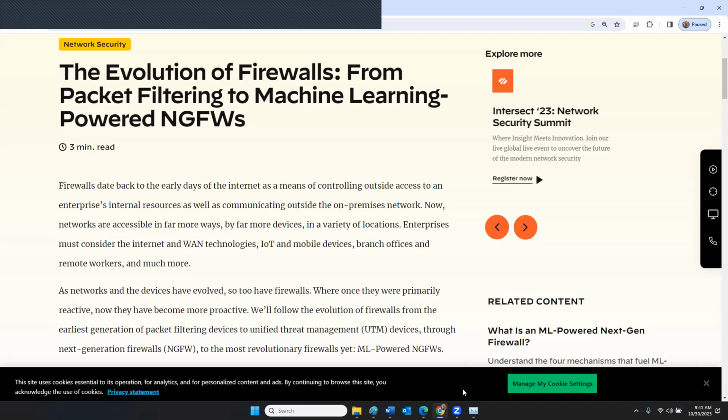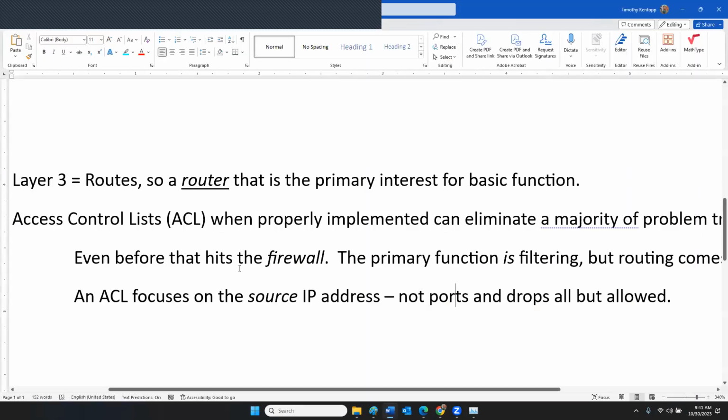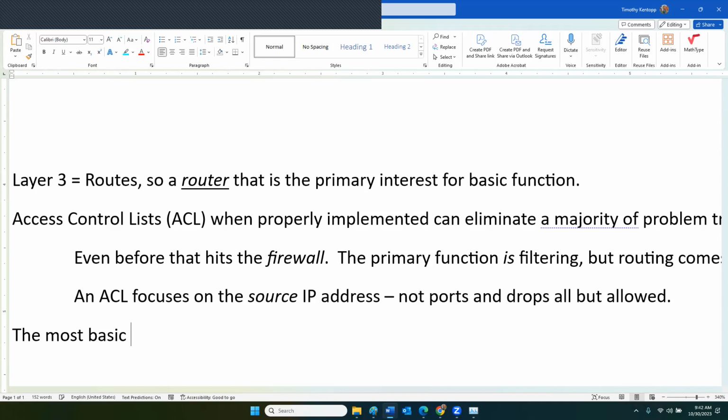Okay. Now, if you look at a router and then you look at a firewall, one of the things that you start to realize is that a basic firewall, right? So you usually have more than one network in mind.